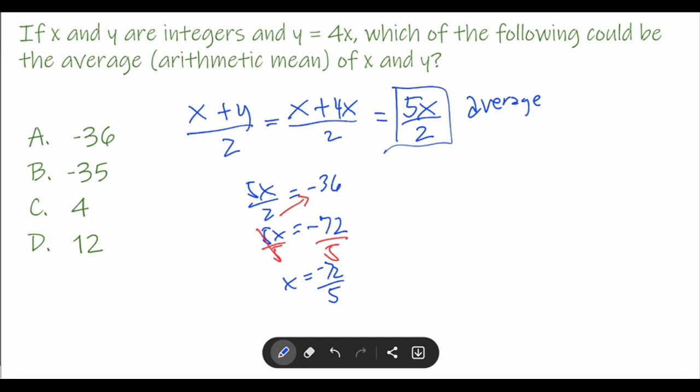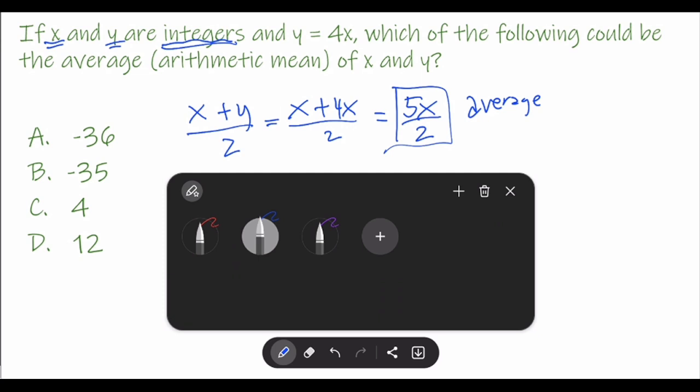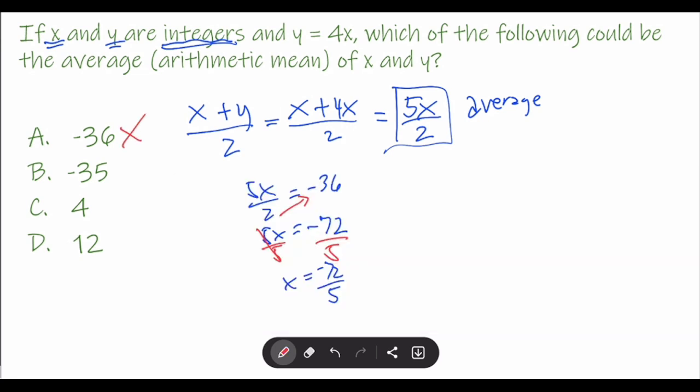It's given that both x and y are integers, so it cannot be a fraction. That means A is not a possible answer.